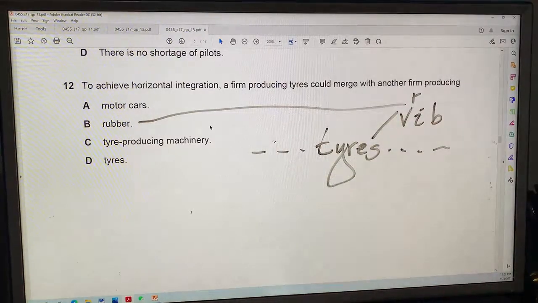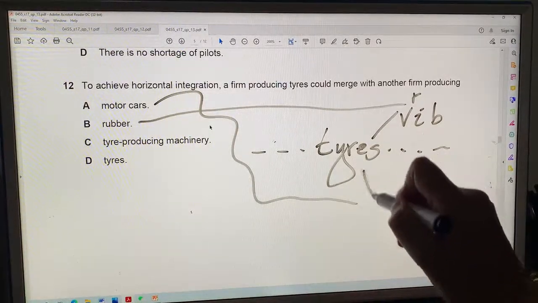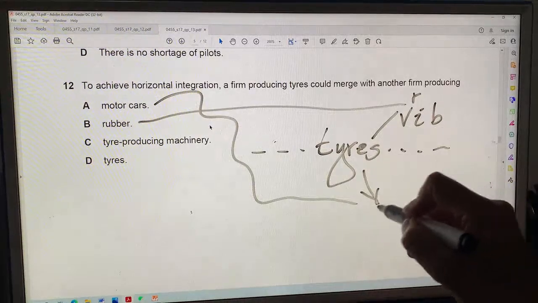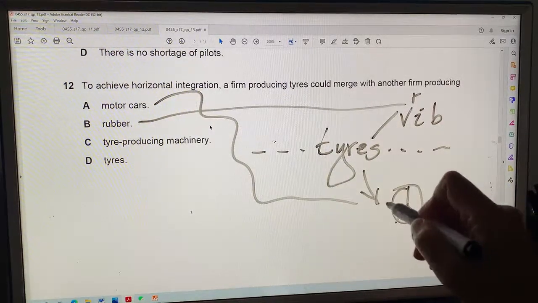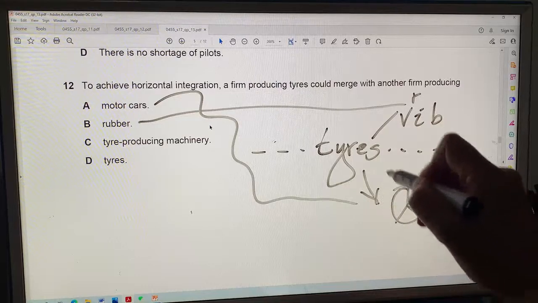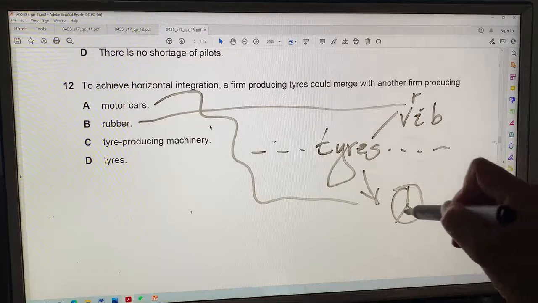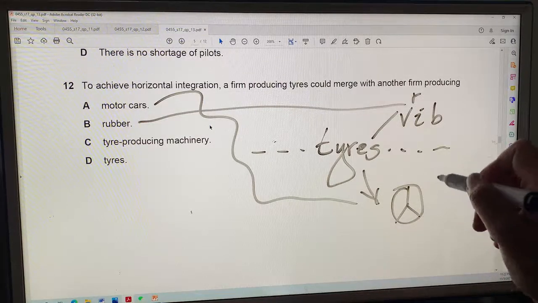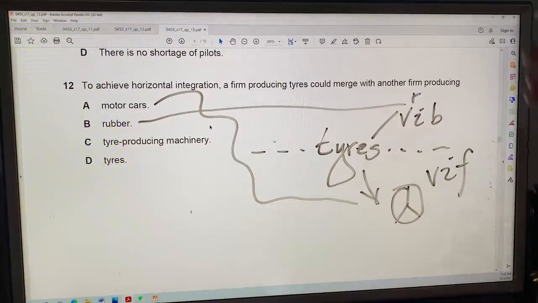And if the tire company buys a motor car company, they can buy Benz, I guess. You need a lot of cash for that. If they buy Benz, that's further down the line of production. Tires go on cars, so that would be vertical integration forward.